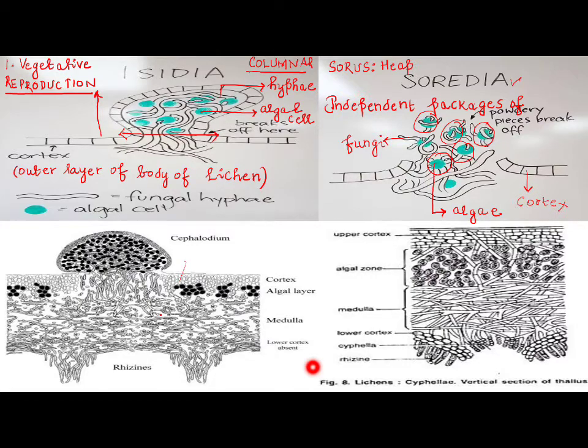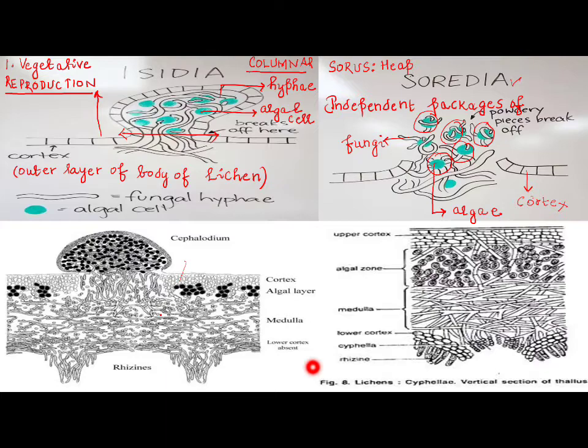What happens is first they heap up below the cortex and the cortex literally breaks to release them. This is the major difference between Isidium and Soredia. Isidia is a corticated reproductive structure, whereas Soredia are non-corticated. They are not covered by cortex.